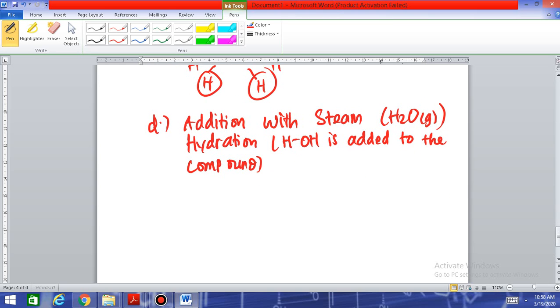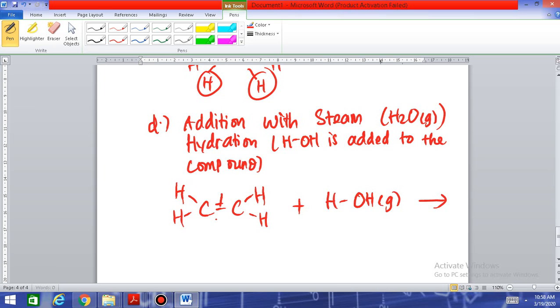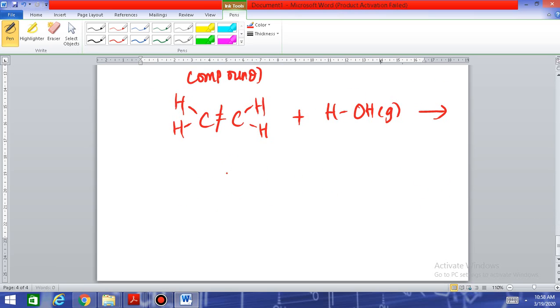That's addition with steam, or hydration. For example, I have ethene and it's reacted with steam. The double bond is broken down into a single bond, and hydrogen and OH are added to the compound.